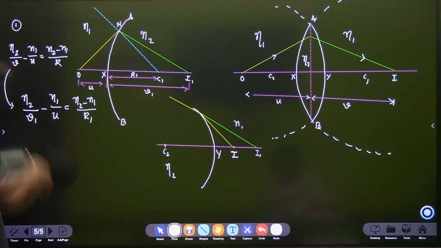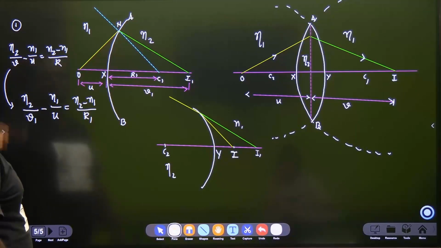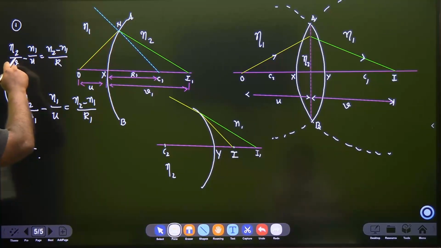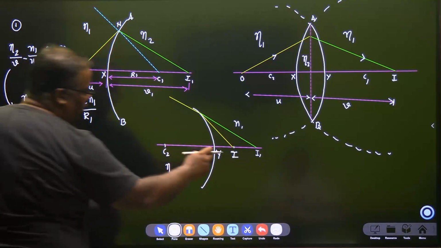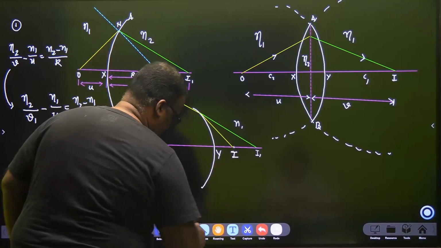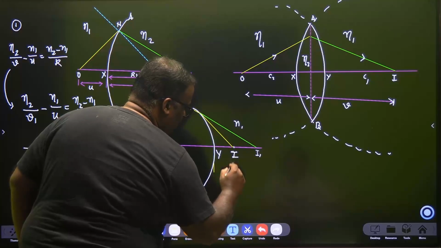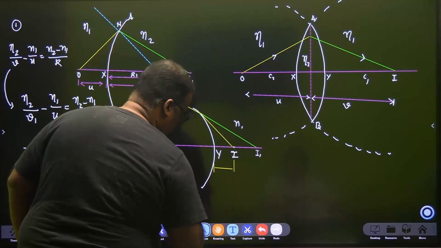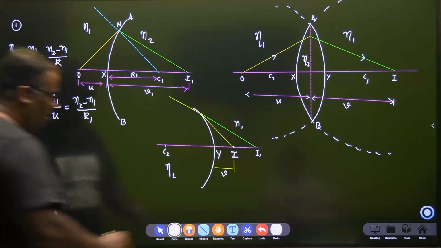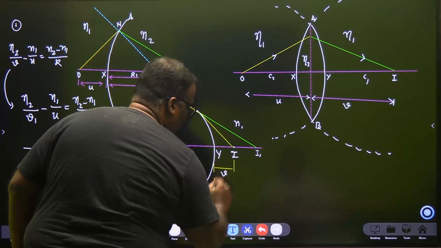Now let's apply this formula once again. Okay. Now we have V. V is what? Image. What is your image now out here? Your image out here, this much portion is your V, the final one. And this is something that you have to appreciate.